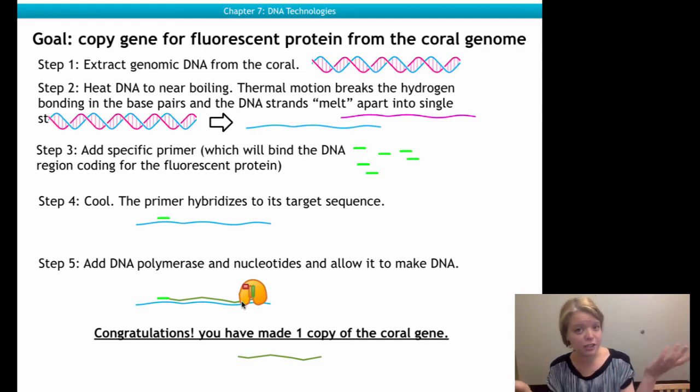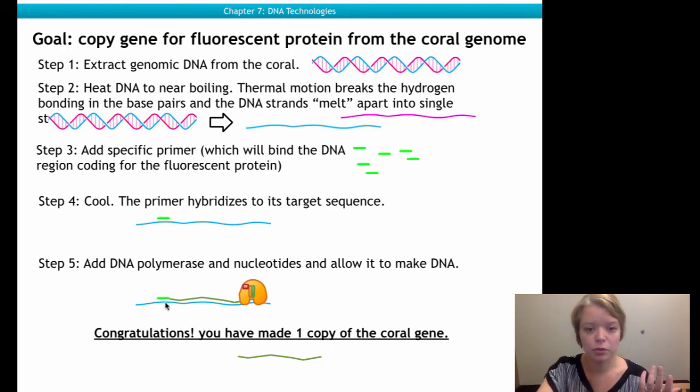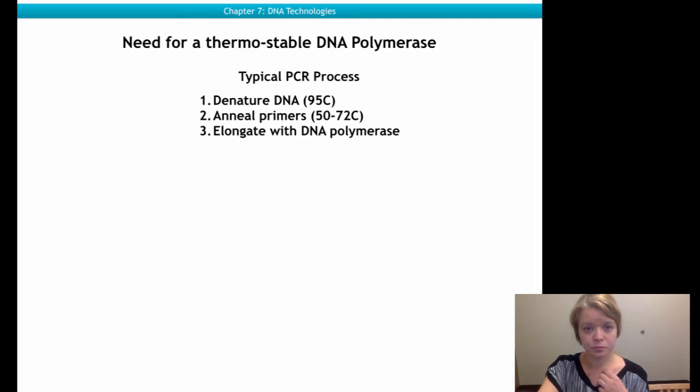And here we go, congratulations. You have just made one copy of the coral gene. Now you have the blue copy and you have the green copy. And these three steps of the typical DNA polymerase, the need to denature DNA, the need to anneal the primers, and the need to elongate with DNA polymerase are the steps of a typical PCR cycle.